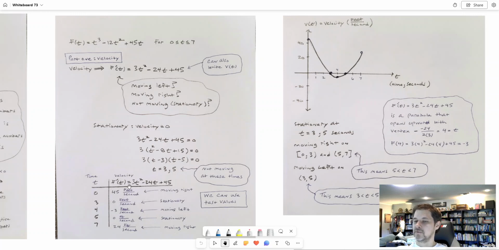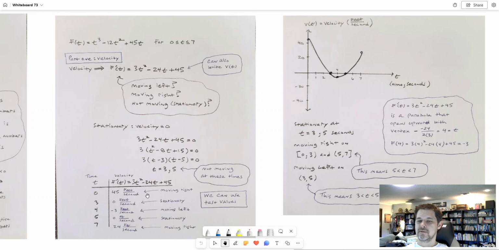Why can I do that? Well, because I know when the velocity is 0, and we have this assumption that the velocity can't change from positive to negative or negative to positive without transitioning through 0. All that means is that for ordinary moving objects, in order to change direction, it has to come to a brief stop.